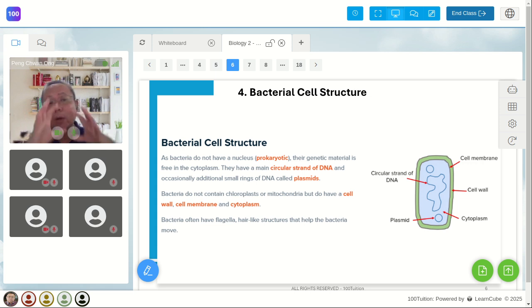Later we will do a recap on the structures of the cells for these groups of organisms. But first let's take a look at the bacterial cell.